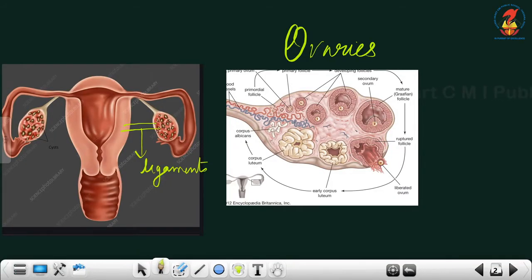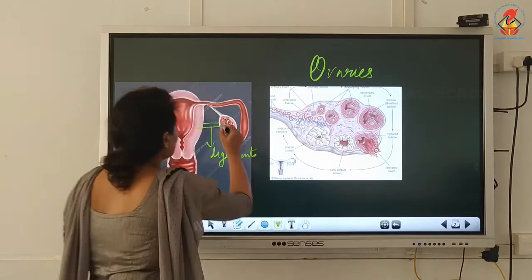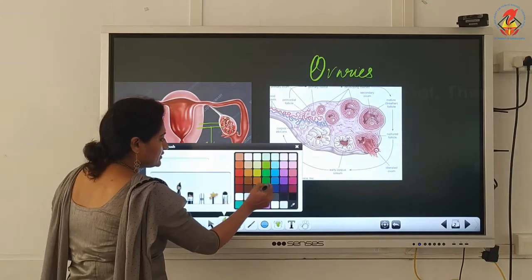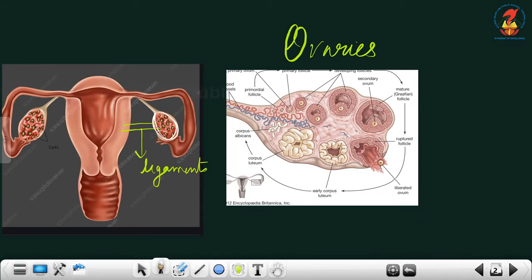Okay, so there are the right and left ovaries. Each ovary is surrounded by an epithelium, and this epithelium is thin, it's called the germinal epithelium.